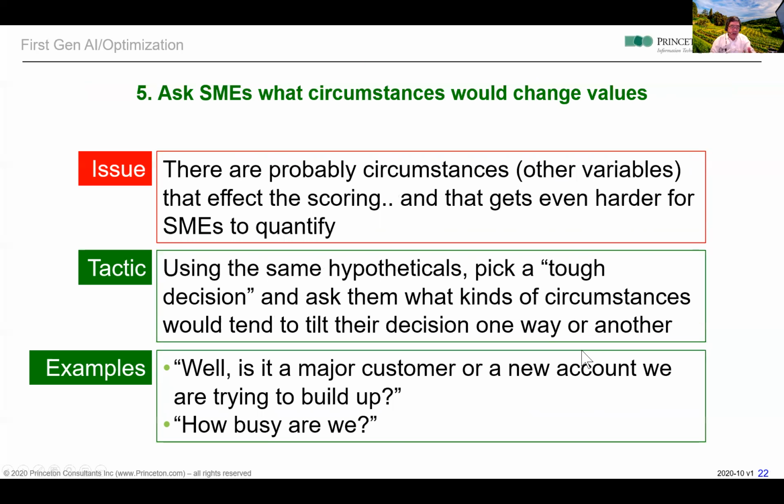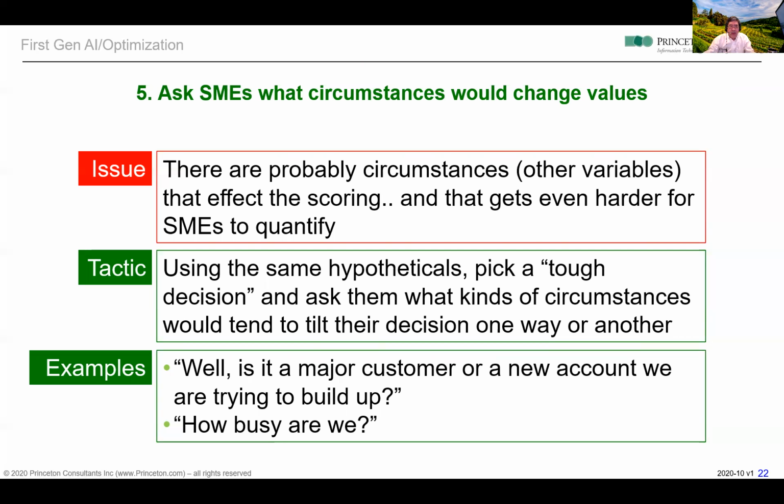In tip 5, you then ask them, what are some of the circumstances that would change these values? For example, we got toward the middle where you're kind of iffy around the 5 mile area. What would make you say yes versus maybe not? They might say, well, who is it for? If it's a major customer or a new account, then we would certainly drive 5 miles for it, certainly longer. Or you might say, well, how busy are we?